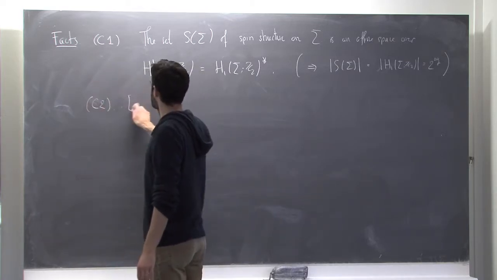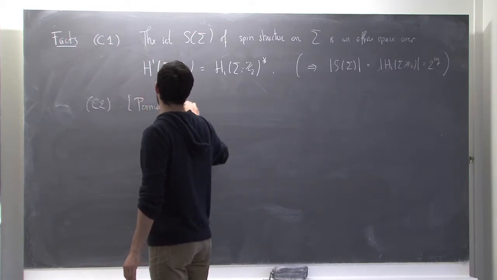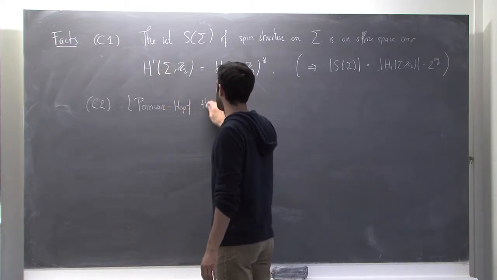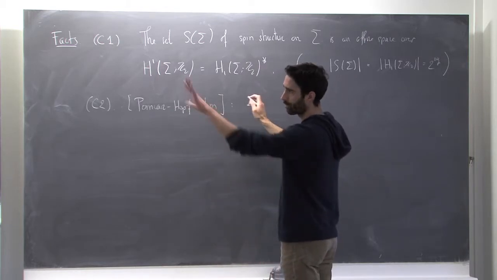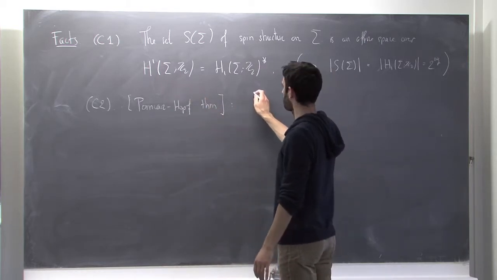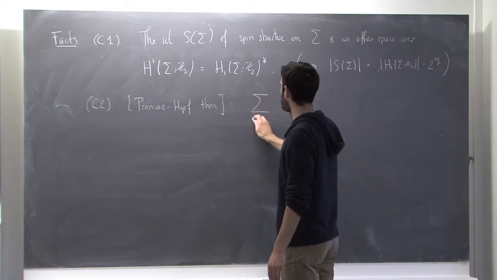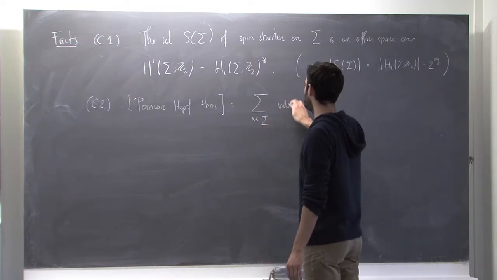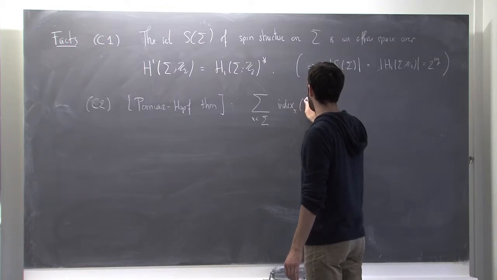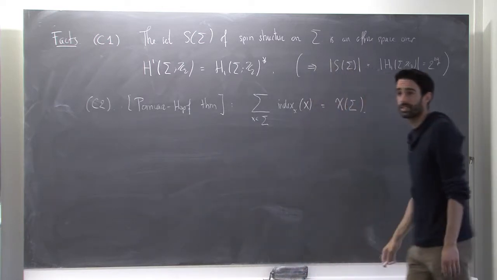Second fact, which is the so-called Poincare-Hopf theorem, which you might have heard of, states that if you have X a vector field with isolated zeros, if you sum over all the indexes, let's say over all the points, you will get the Euler characteristic of the surface.